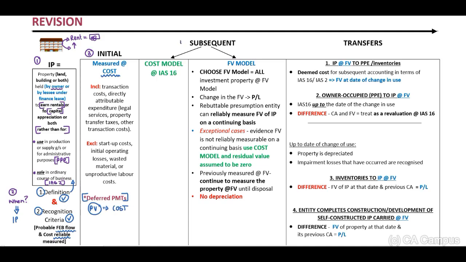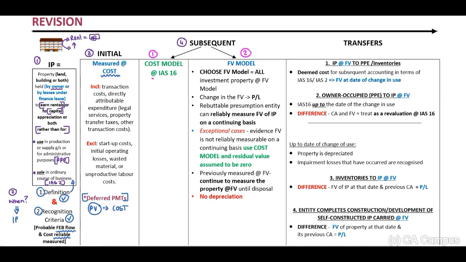Subsequent measurement. IAS 40 indicates to us that the entity can choose to either account for the investment property in terms of the cost model or in terms of the fair value model.